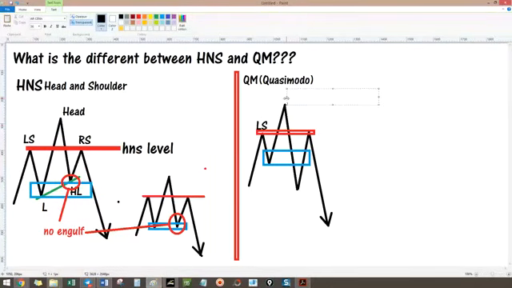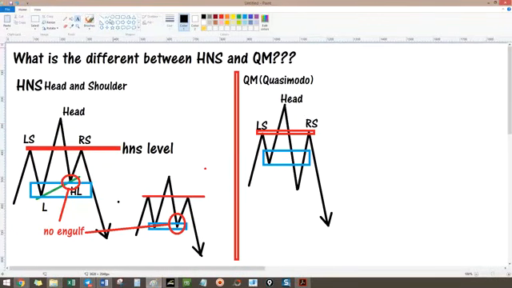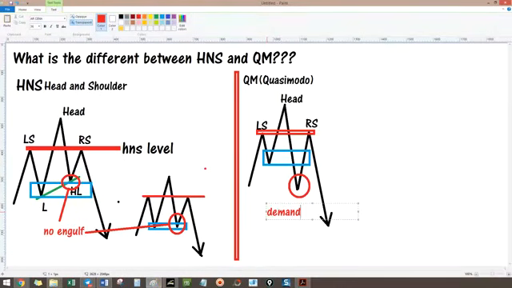Over here is a head. Over here is a right shoulder. And price did engulf here. Okay. Demand engulf.